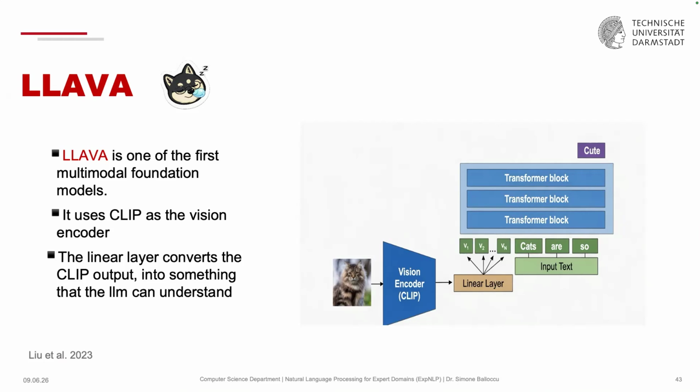I will talk about that in the next slide, but for now, just think that it takes the image and turns it into an embedding that is meaningful, that is actually representing the image as some matrix. So it has the CLIP encoder, and then it has a linear layer. This linear layer should turn this CLIP embedding into something meaningful that the LLM can understand. So you get your tokens out of it.